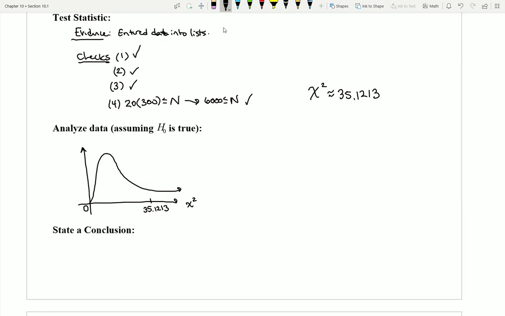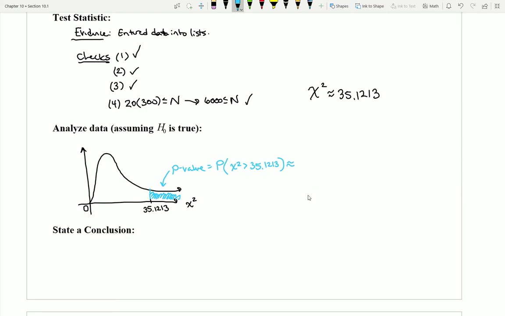And again, every one of these tests is always a right-tailed test, always, with no exceptions. And so we're going to be shading over there. And remember that this value here is our p-value. We can even think about the setup. The p-value there is going to be the probability of getting a chi-squared value that is greater than 35.1213. And remember that the calculator even told us this value.